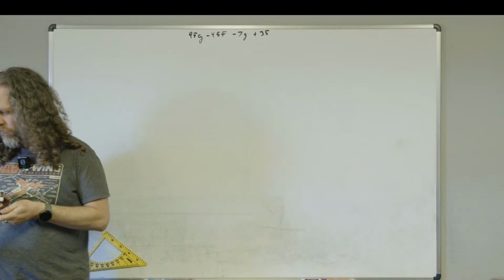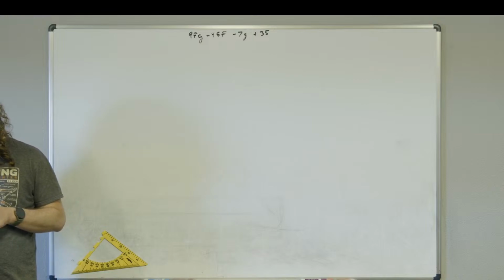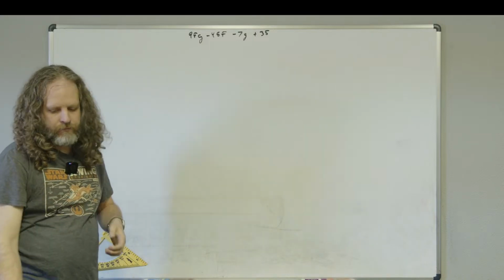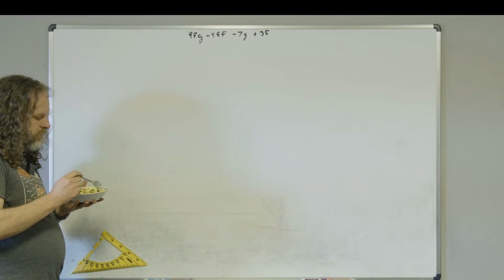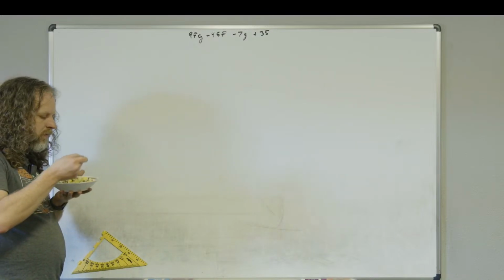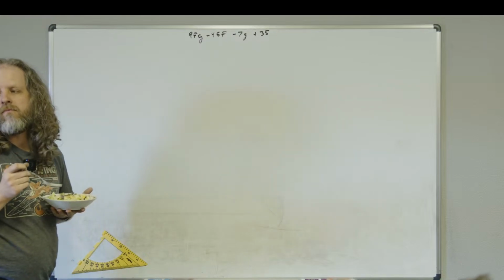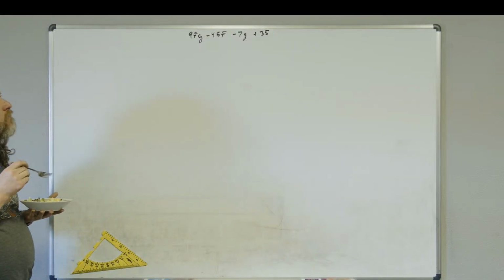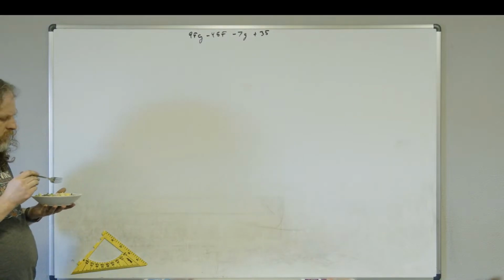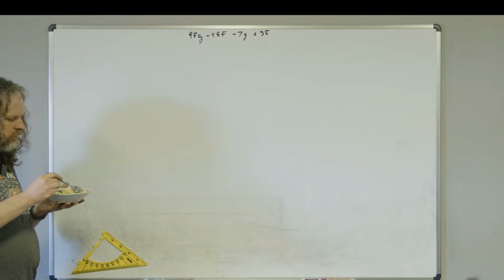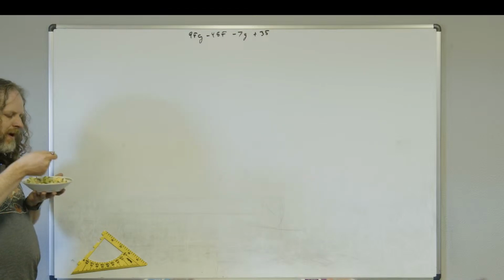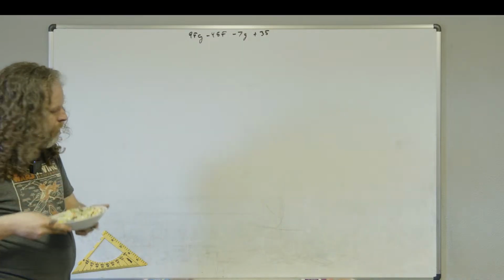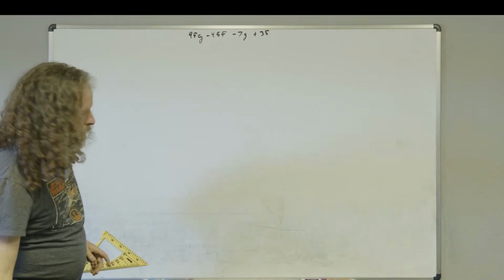So, this is 8. So, what should we do? Get rid of one of the letters. Or like parentheses and then put one of the letters on the outside. Yeah. We're going to split it into 2, right?